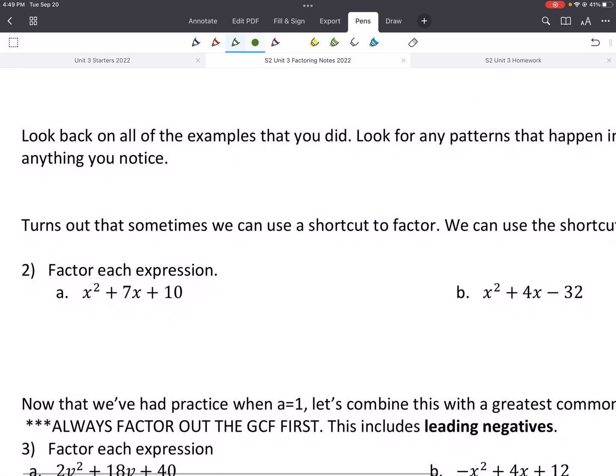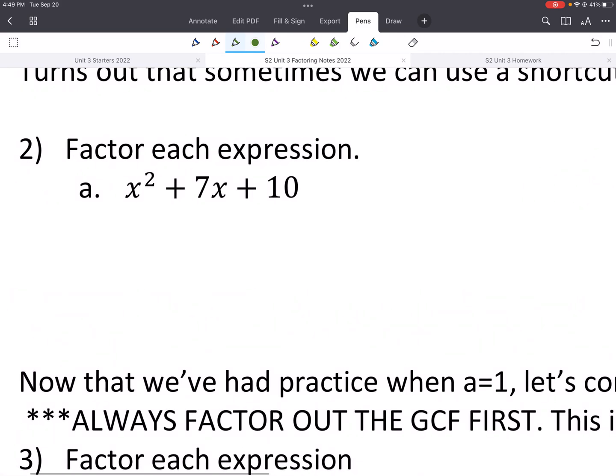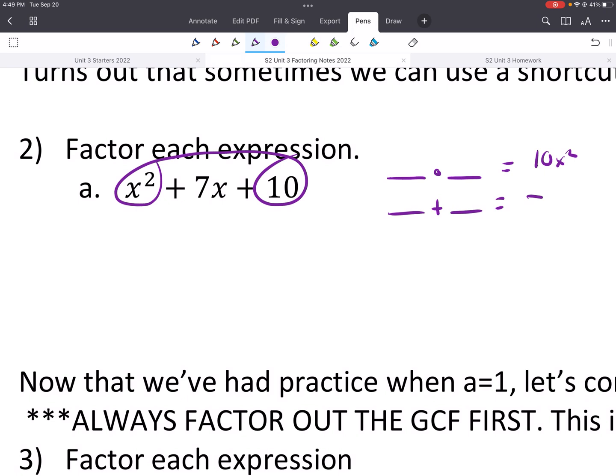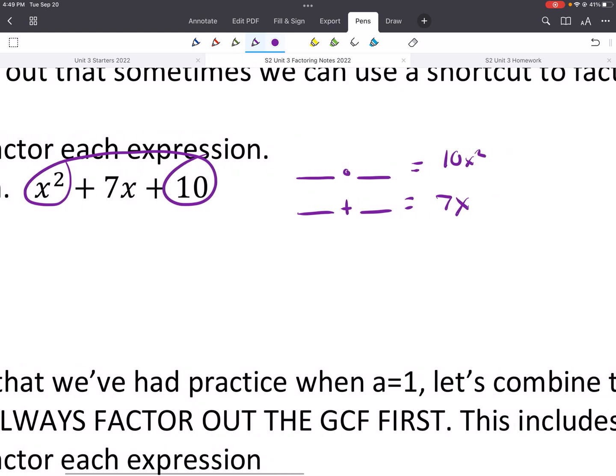Let's do some examples. Okay. So here we still have to do the glasses. You still got to find the two things that multiply and add. So multiplies to 10x squared and adds to 7x. Okay. For here, maybe 2 and 5.